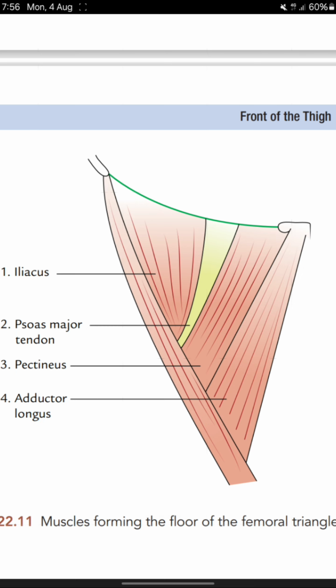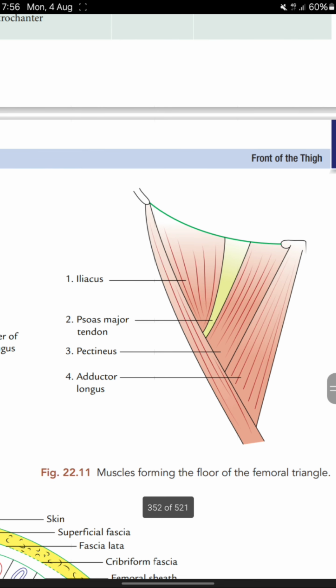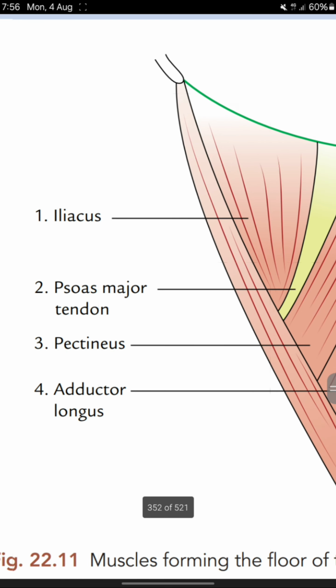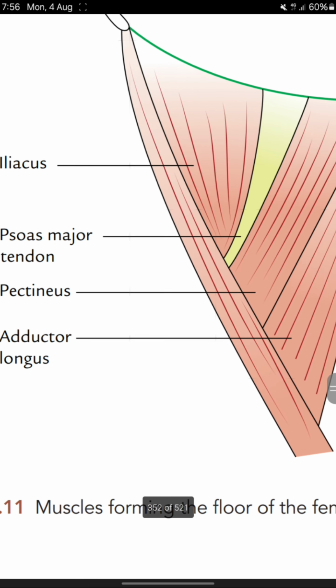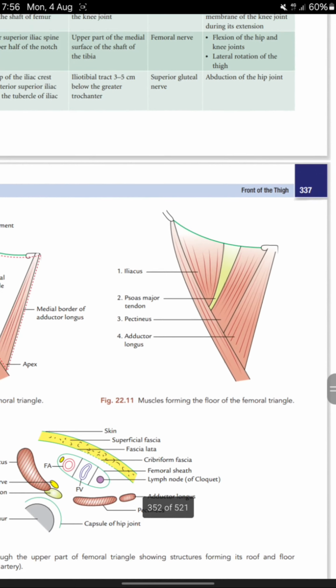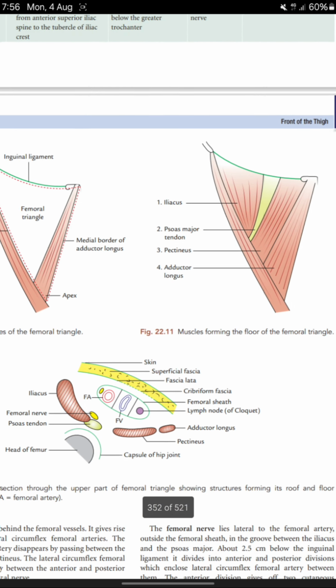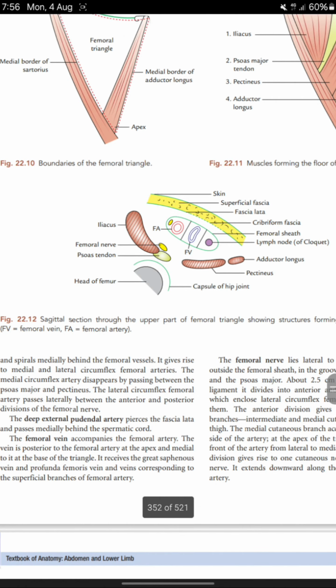The four muscles involved in the floor of the femoral triangle, from lateral to medial, are iliacus, psoas major, pectineus, and adductor longus. You should try to remember these muscles. So these were the muscles forming the floor of the femoral triangle.